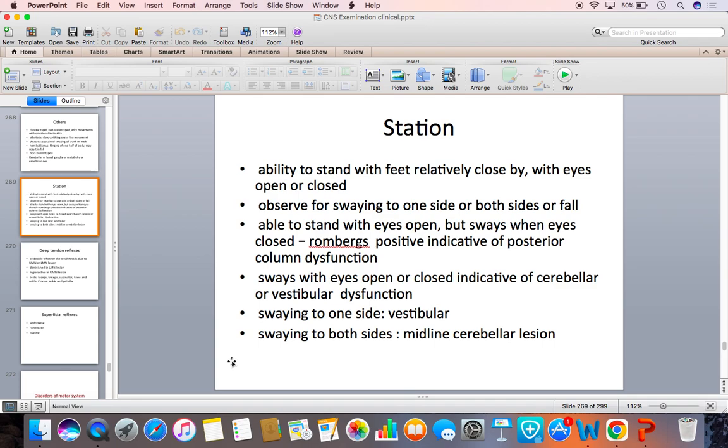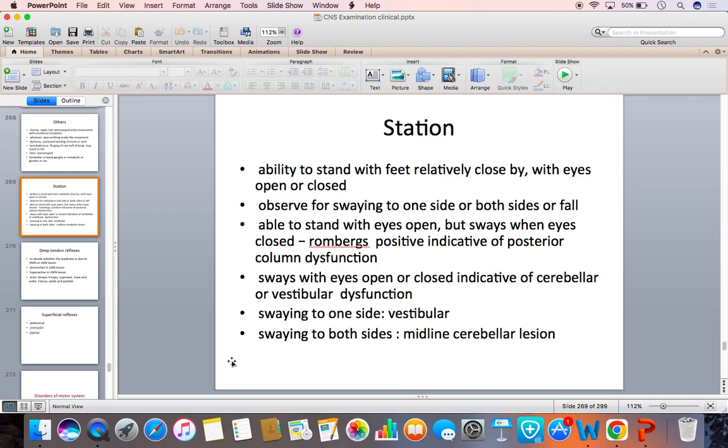So, when the eyes are open, the patient is able to stand erect. When the eyes are closed, he sways. To some extent, he can maintain the balance even in cerebellar and vestibular dysfunction, but he easily falls once the eyes are closed.